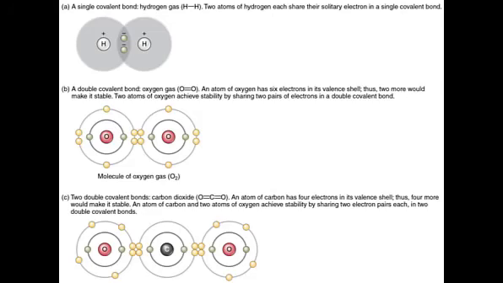Now let's move on to the second type of chemical bond, which is the covalent bond. Unlike ionic bonds formed by the attraction between a cation's positive charge and an anion's negative charge, molecules formed by a covalent bond share electrons in a mutually stabilizing relationship.